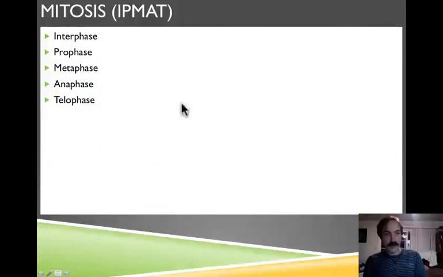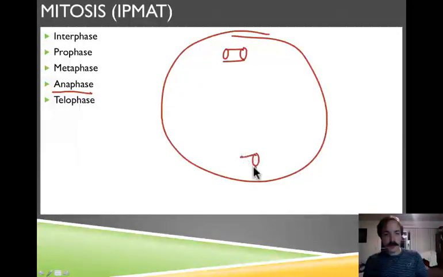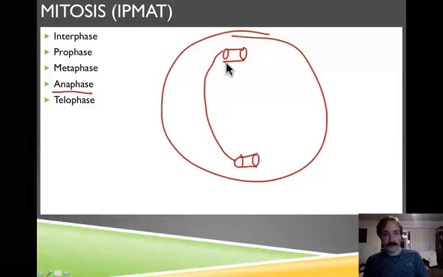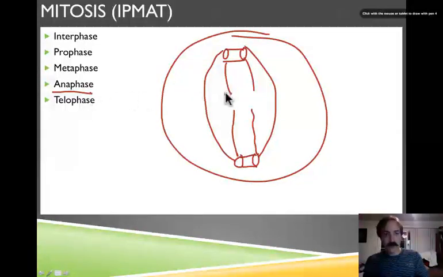So if I redraw it, during anaphase, you have your cell, you have your centriole over there, and you have your centriole over here, and you have your spindle fibers. You'll see why I drew those short in a second. And then you have your chromosomes. Only our chromosomes have now been split.